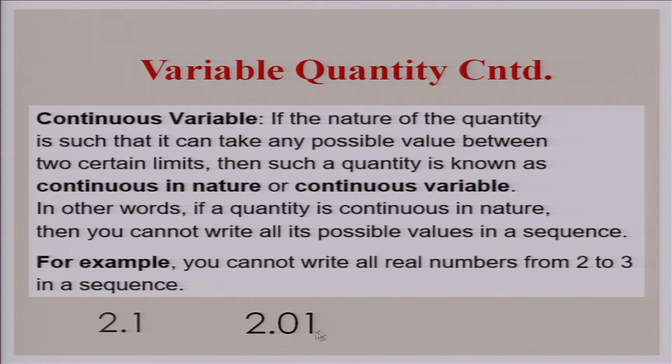But this is also not the next number after 2, because 2.001 is still between 2 and 2.01. So in this way you cannot write all numbers between 2 and 3, and you cannot even write the next number after 2. This type of quantity is known as a continuous quantity.